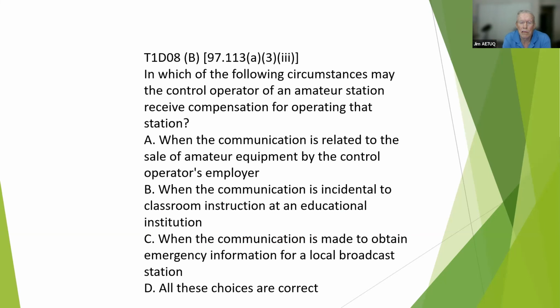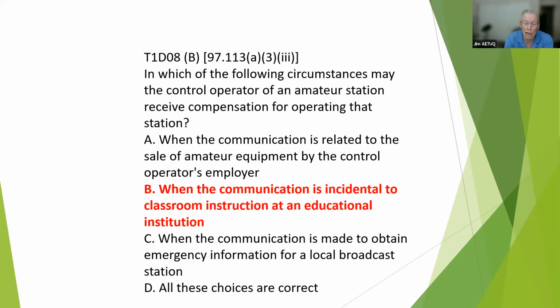In which of the following circumstances may the control operator of an amateur station receive compensation for operating that station? Again, go back to that, not for commercial purposes. The one that makes sense here, when communication is incidental to the classroom instruction of an educational institution.